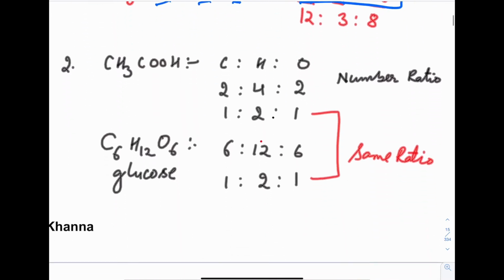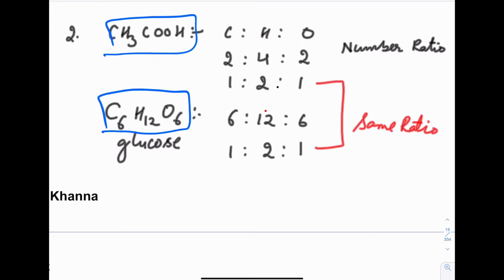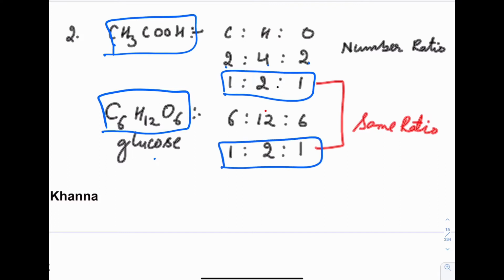Just see this example. This is ethanoic acid and this one is glucose. If we simplify the ratio of carbon, hydrogen and oxygen, there are 2 carbon, 4 hydrogen and 2 oxygen. The simplest ratio is 1:2:1. In glucose, the molecular formula is C6H12O6 and the simplest ratio is the same.